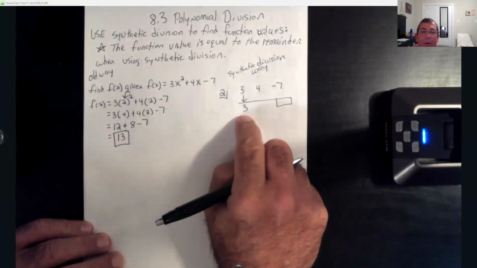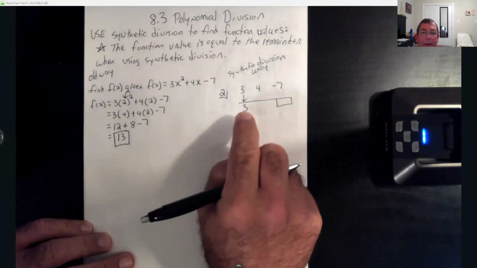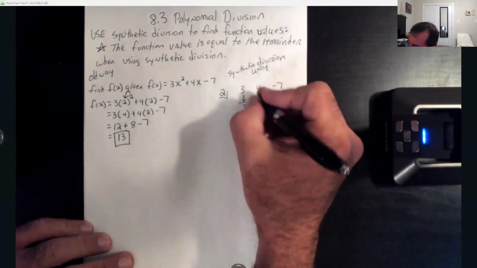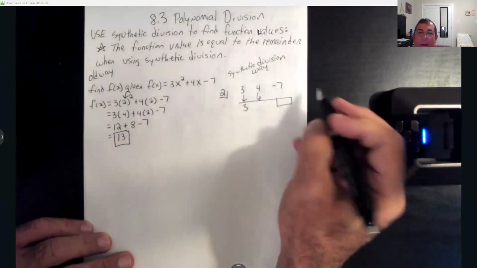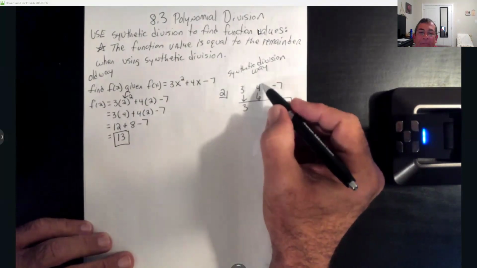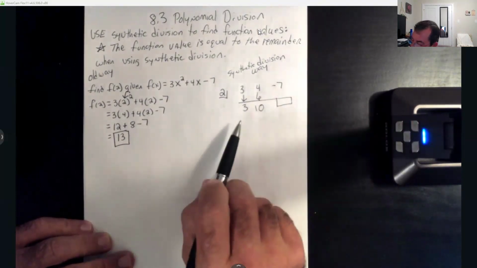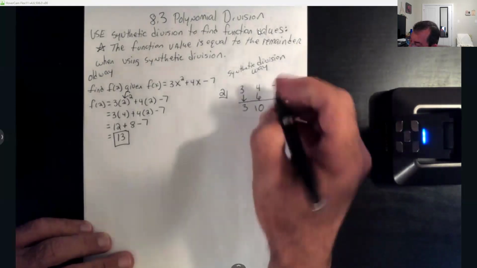So, bring the first number down below the line. Then you're going to multiply. 3 times 2 is 6. Put that in the next column. You're going to add 4 and 6 and get me a 10. You're then going to multiply 10 times 2 and get 20.